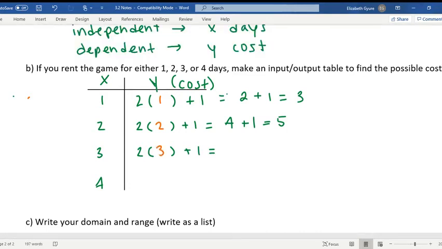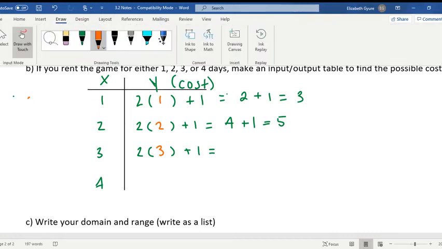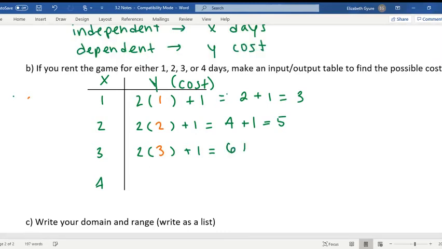Then plug your 3 in. Now order of operations. 2 times 3 is 6. 6 plus 1 is 7. So for 3 days, you pay $7.